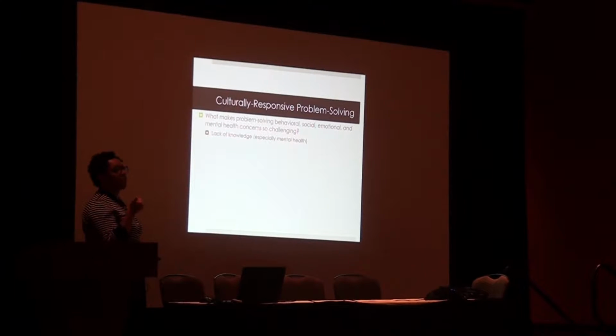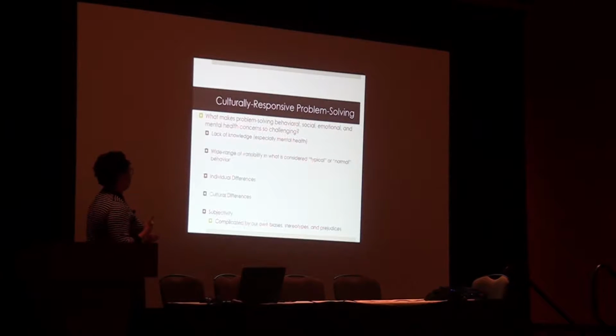Especially with mental health, we just don't understand enough about the child or about the different areas of functioning. So we're coming up with inappropriate understandings of what the desired behavior is. There's a wide range of variability. We just talked about neurodiversity this morning. When we think about the wide range of variability, people get caught up in terms of what's typical and what's normal. So it may be, oh, well, my kid didn't behave that way.